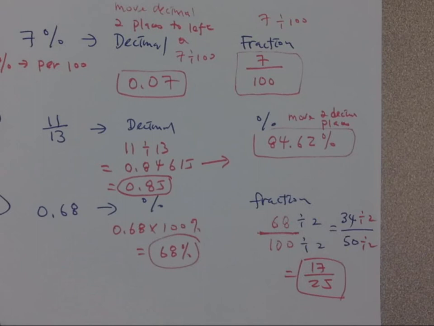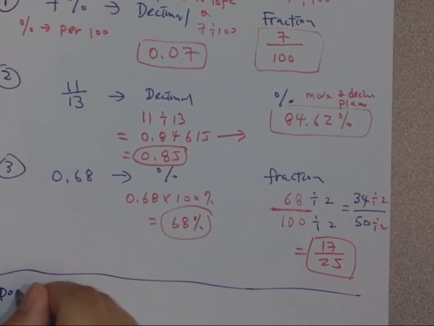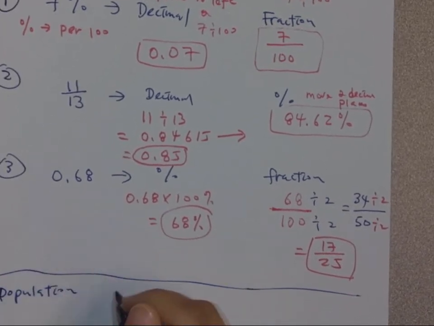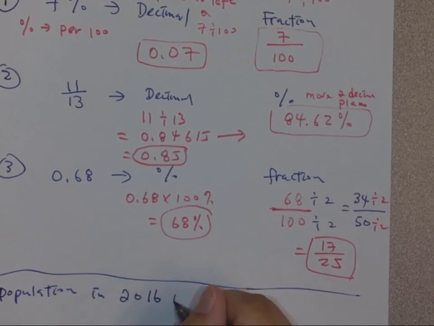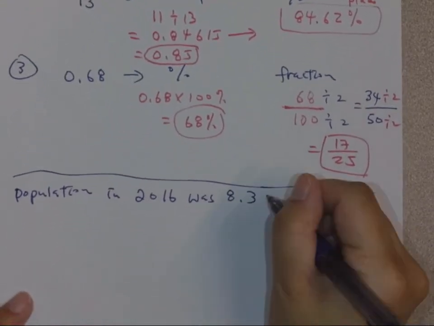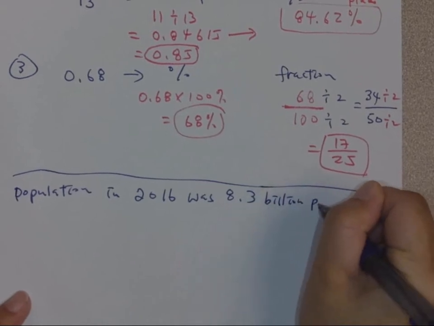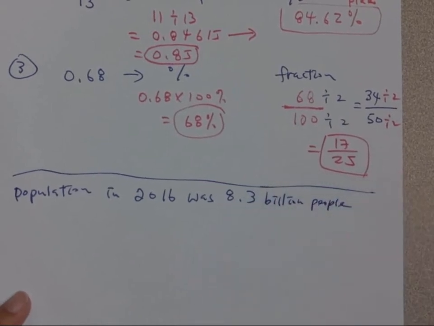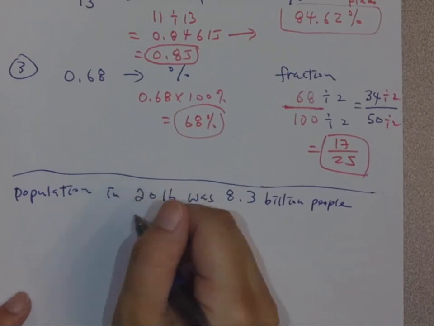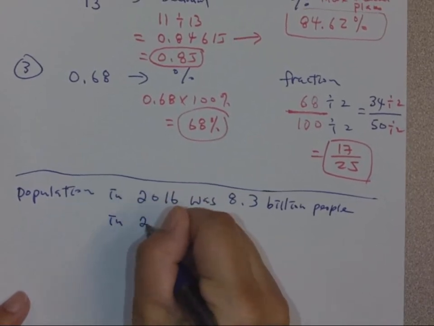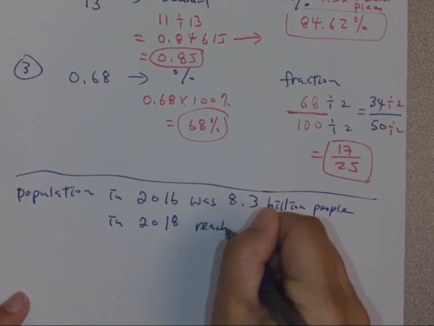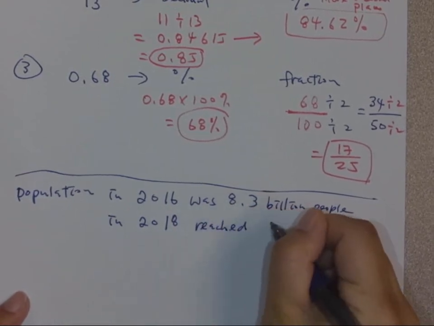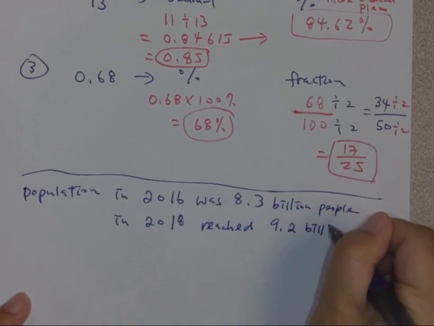So if I say the population in 2016 was 8.3 billion people, and then now, in 2018, it reached 9.2 billion people.